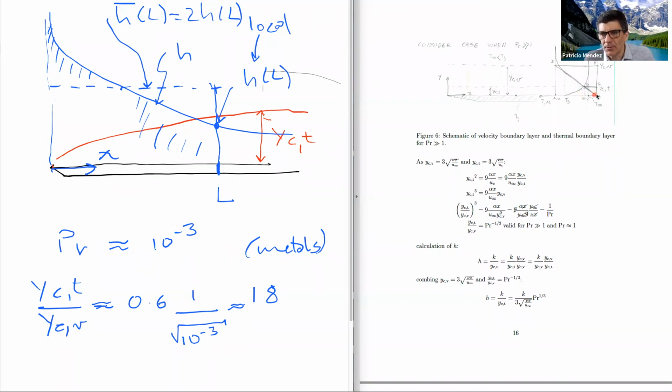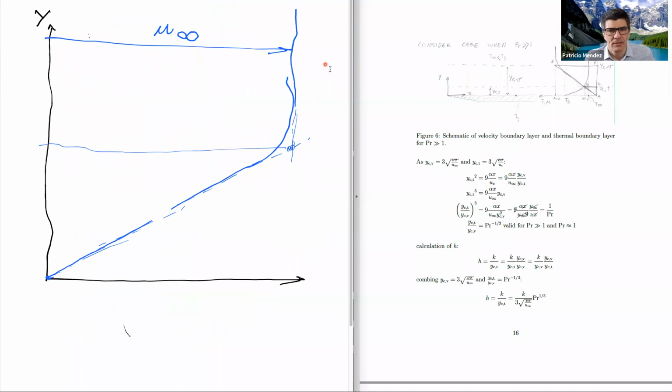So this velocity profile tells us that the velocity at the edge of the thermal boundary layer is a small velocity. And within this thin thermal boundary layer, we have a gradient of velocities between 0 and whatever small velocity we have.